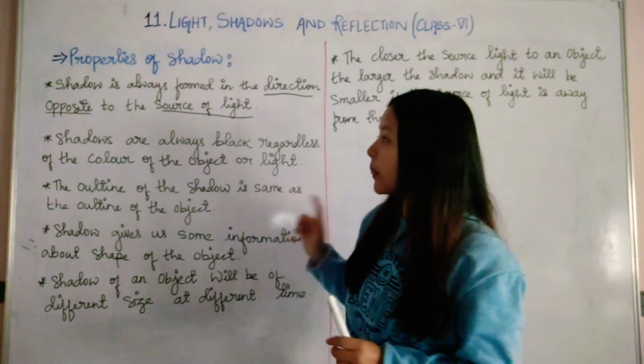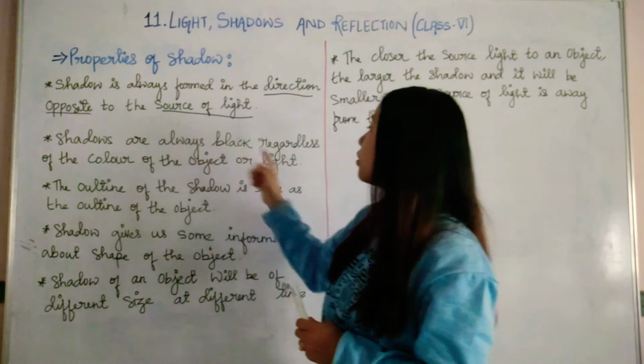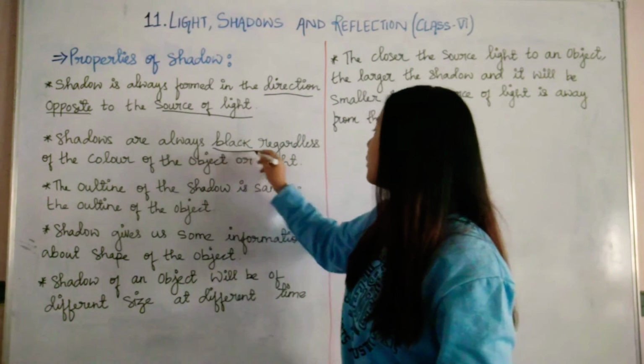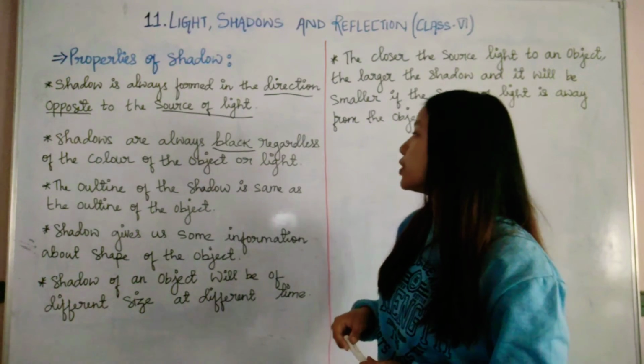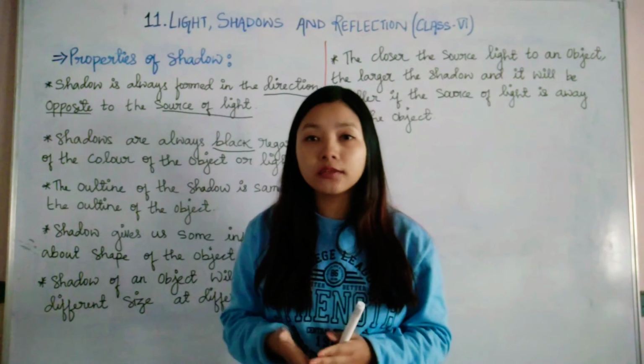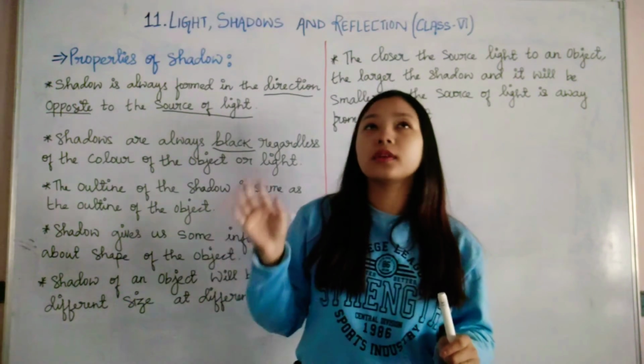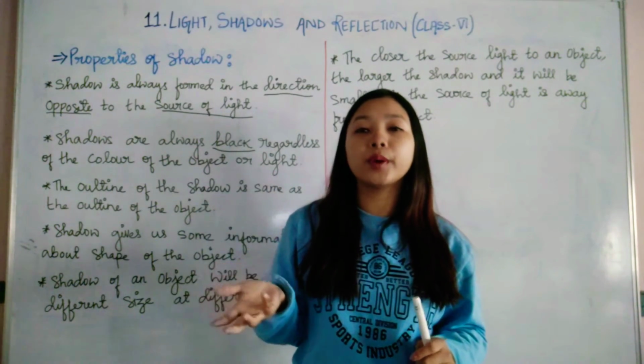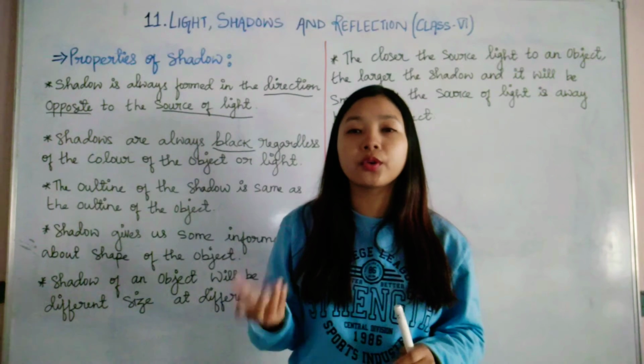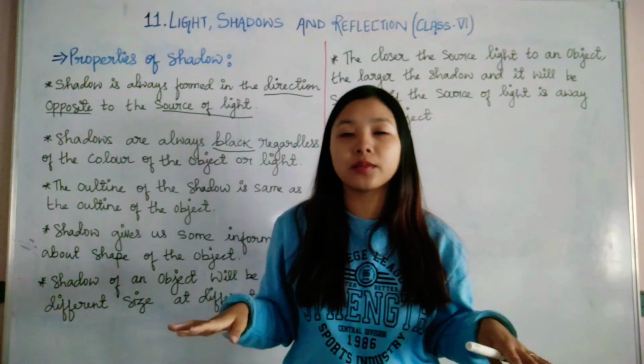Understood? Next is, shadows are always black regardless of the color of the object or the light. The color of the shadow will always be black. You can have a bulb of red, blue, green light, any light can be there.